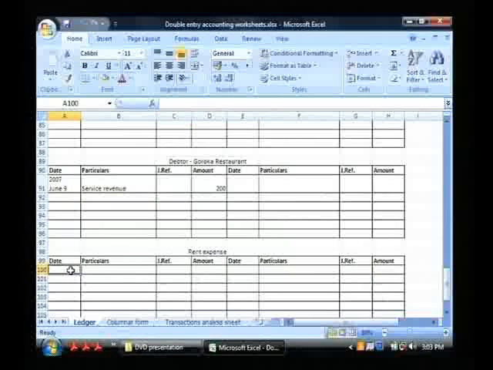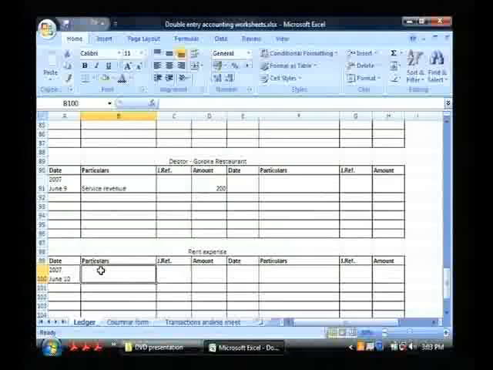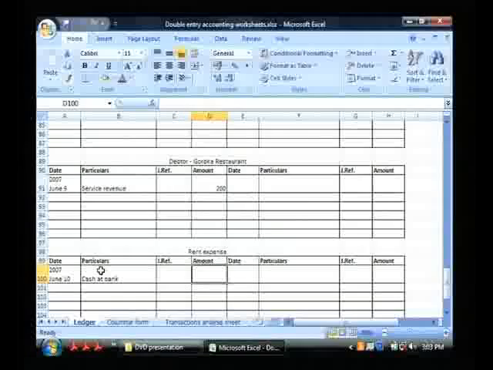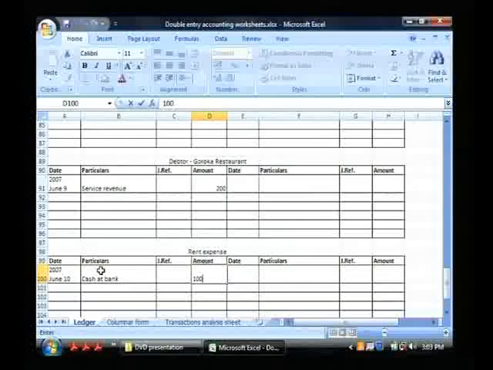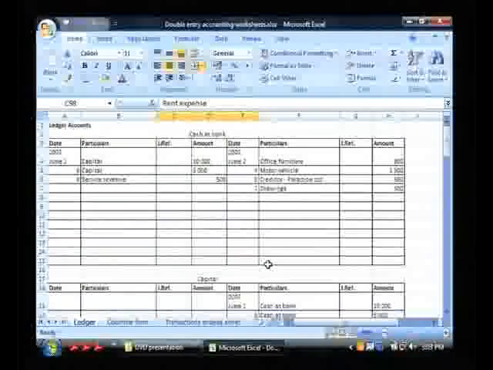Rent expense debit, 2007 June 10th, and write the corresponding account title, cash at bank, 100 kina, and then move on to the cash at bank account here.